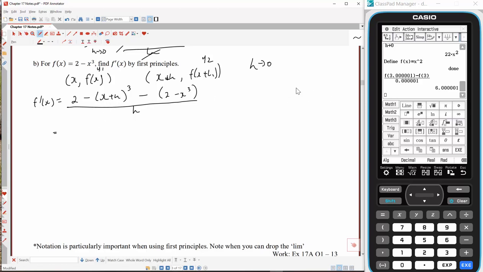Right, so there's a couple of ways of expanding the perfect cube, but probably the easiest one to show you at the moment is this method here, (x plus h) times x squared plus 2xh plus h squared.